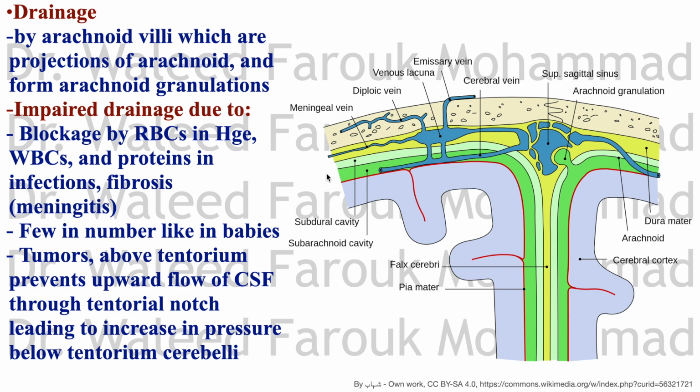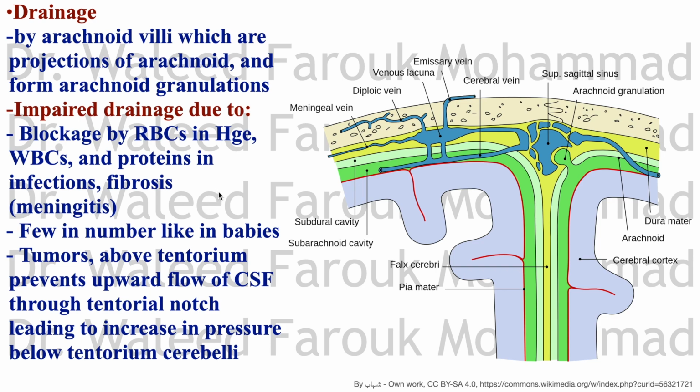Drainage of the CSF is by means of the arachnoid villi, the ones you see here, draining into the superior sagittal sinus. Impaired drainage is due to blockage by RBCs, for example in hemorrhage, or white BCs, or proteins in infections, or fibrosis as a complication of meningitis.